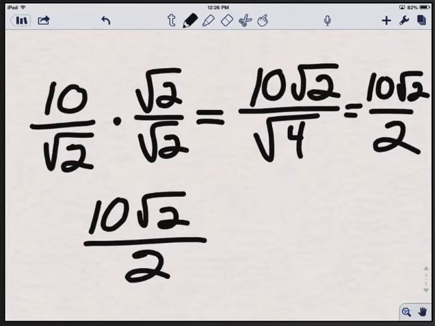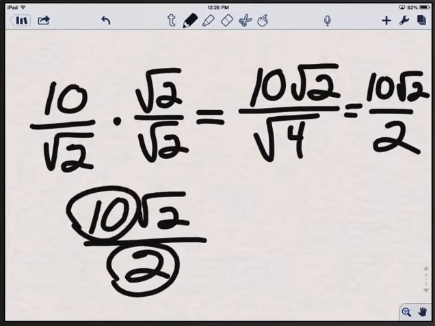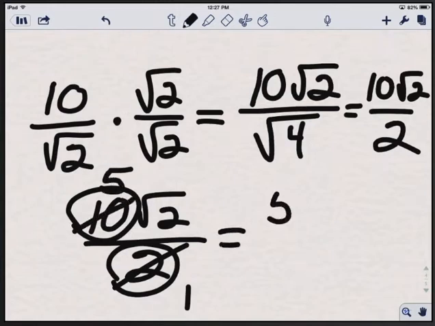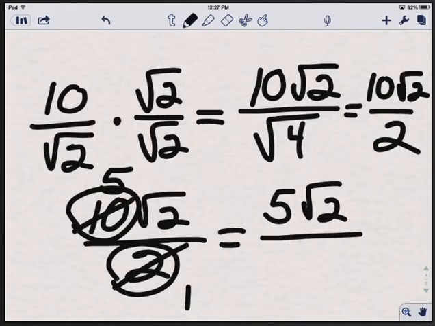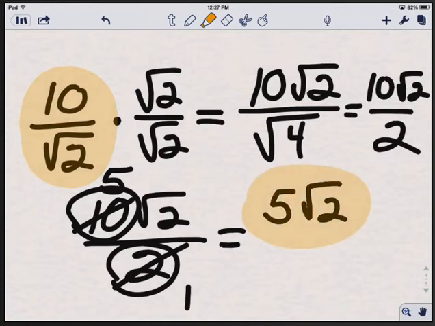There is a common factor between these two rational numbers. 2 goes into 2 once, 2 goes into 10 5 times, and now we have 5 times the square root of 2, the remaining factors in the numerator, over 1. But anytime the denominator is 1, we don't bother to write it. It's understood. So 10 over the square root of 2 simplifies to equal 5 times the square root of 2. Hope that helps. Good luck.